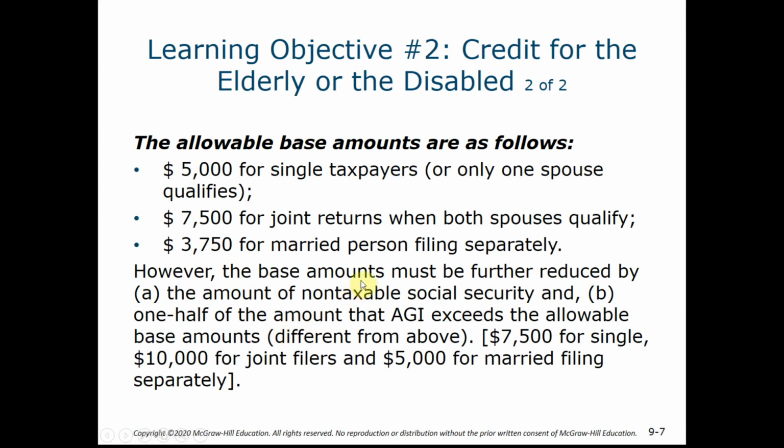We need to calculate the base amount, and this base amount is reduced by any non-taxable Social Security benefit, and then by one half of the amount that AGI exceeds certain thresholds: $7,500 for a single, $10,000 for joint filers, and $5,000 for married filing separately.